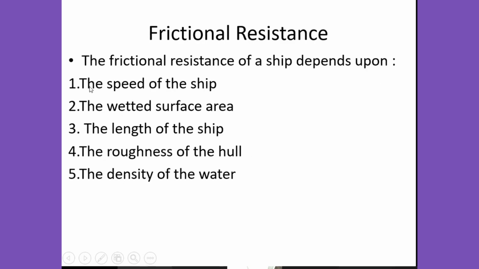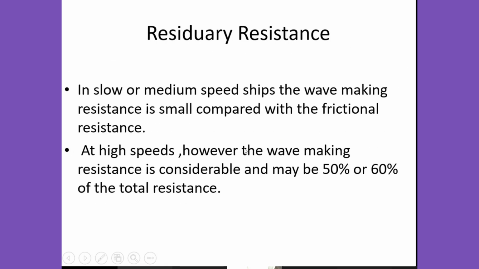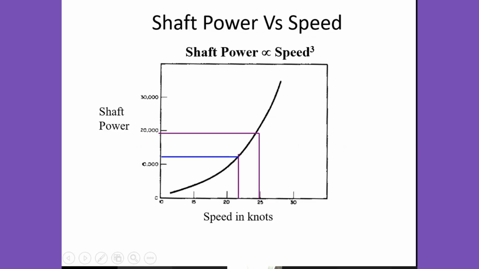Frictional resistance depends upon the speed of the ship, wetted surface area, length of the ship, roughness of the hull, and density of the water. The second component, wave making resistance, is small in slow or medium speed ships, and at high speed it is 50 to 60% of the total resistance. So that is the reason why we go for a bulbous bow.